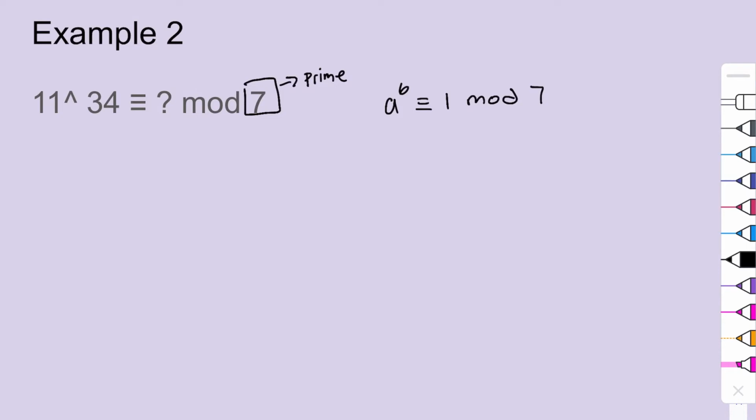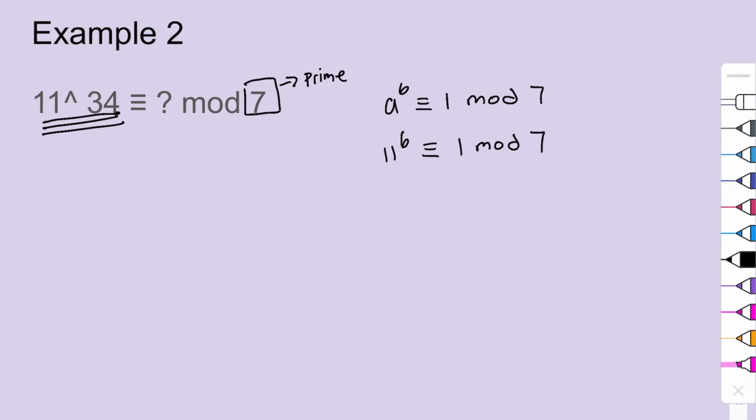So in this case, 11 to the 6th power is going to be equal to 1 mod 7. And now we can break this exponent down into smaller parts and find the remainder of each, and then multiply them and find out what the final answer would be. And I'll show you what I mean.